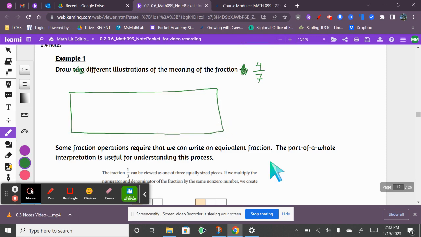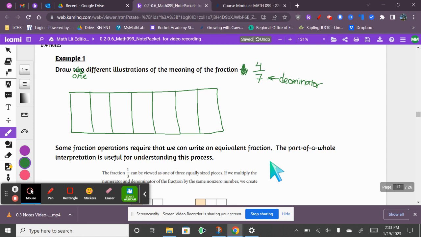So if we think of this as almost like a candy bar, we can use our denominator to tell us how many total pieces there are in the candy bar. So we would have 7 total pieces in the candy bar. So if we count, we've got 1, 2, 3, 4, 5, 6, 7.